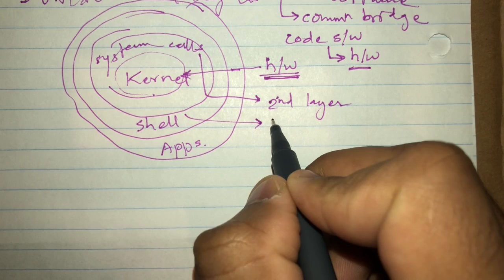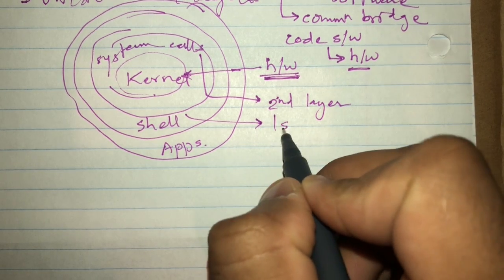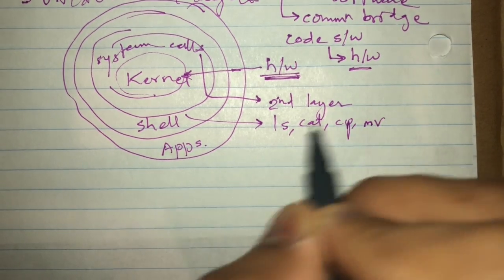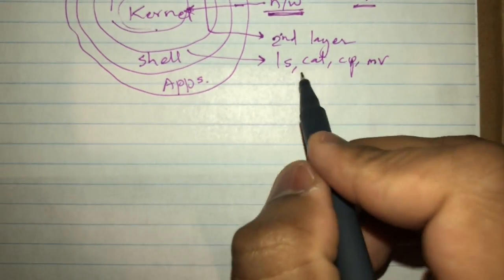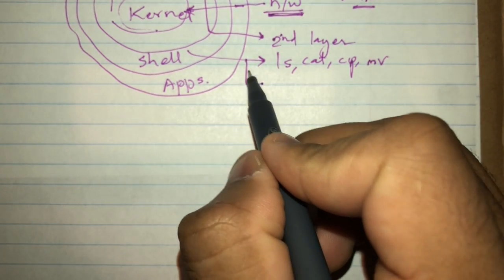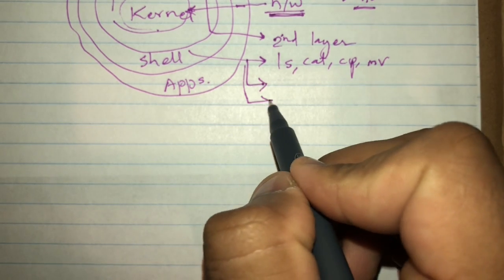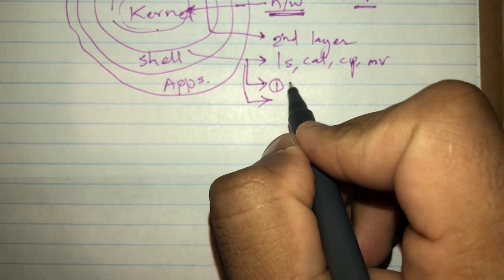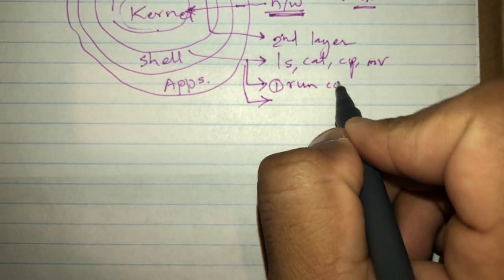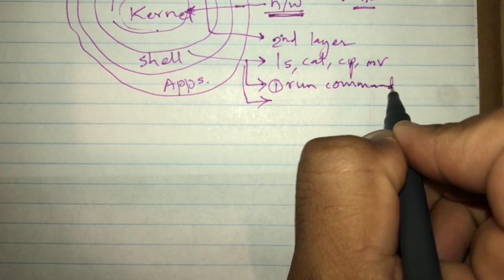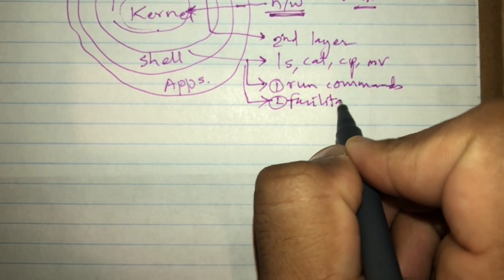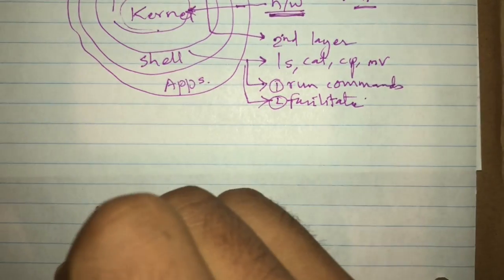Whenever you type Unix commands such as ls, cat, cp, mv, which we are going to see in the coming videos, those commands are executed through the shell. The shell is meant to perform two kinds of activities. The first is to give users the capability to run these commands, and the second is to facilitate every capability that the application can perform.